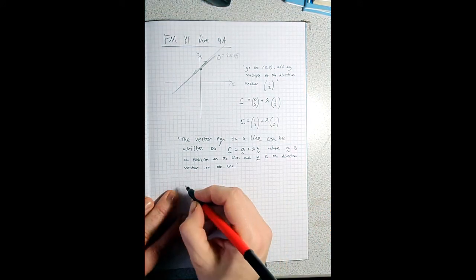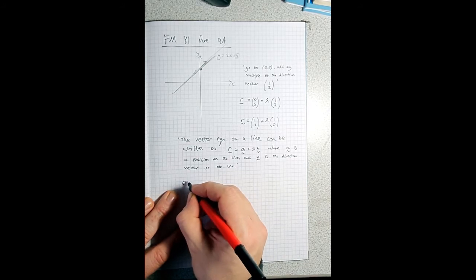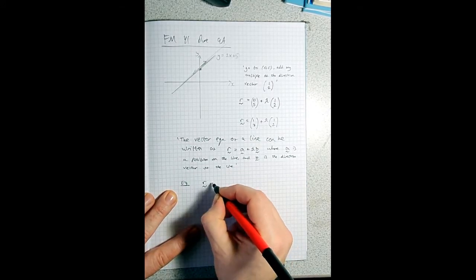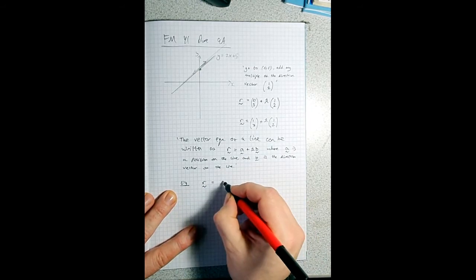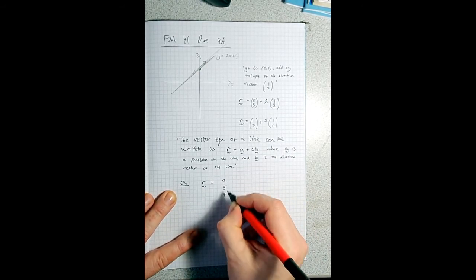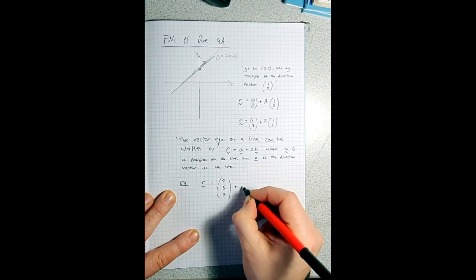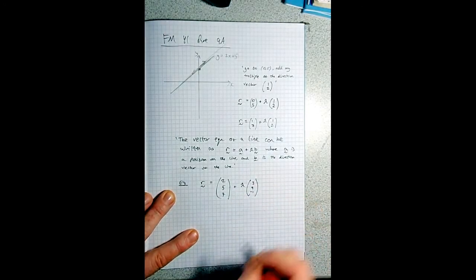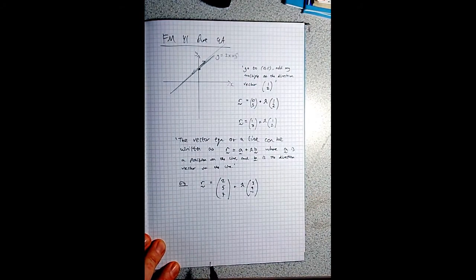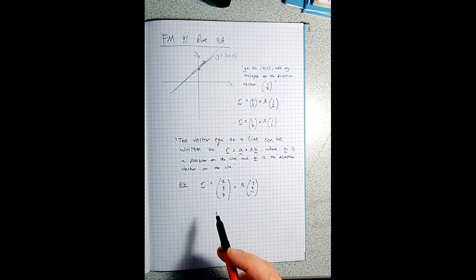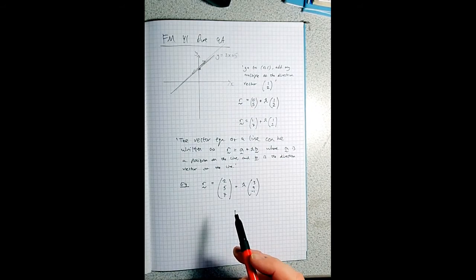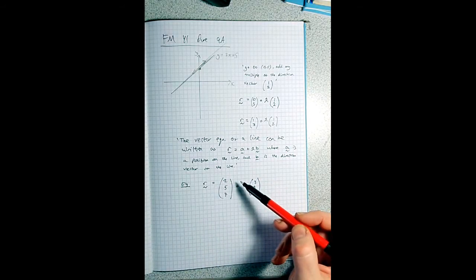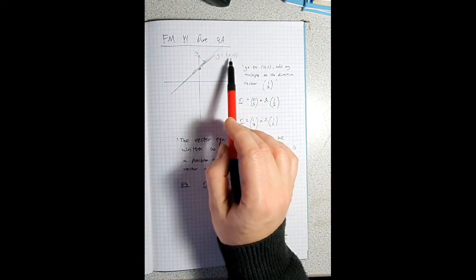So, for example, let's say a line might be, I don't know, (2, 5, 7) plus lambda (3, 9, minus 1). Now, at some point, we need to be able to convert between the vector equation of the line and the Cartesian equation of the line.